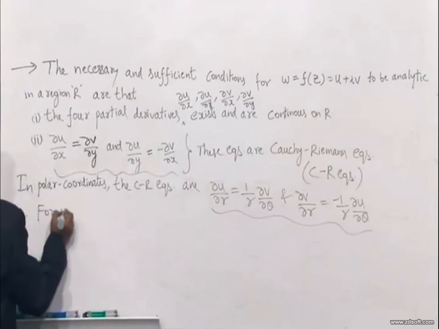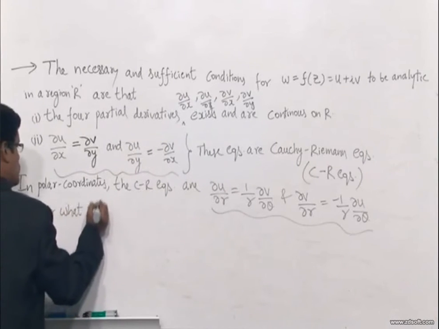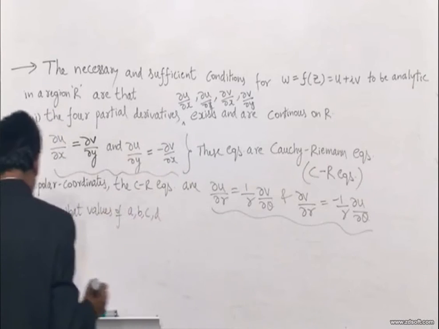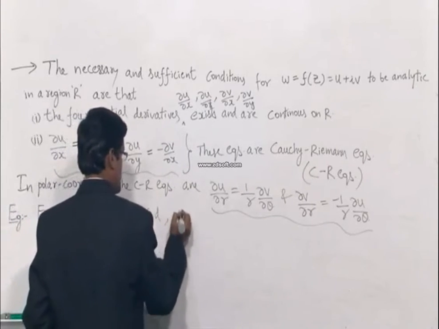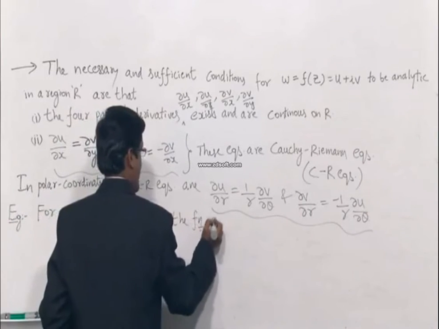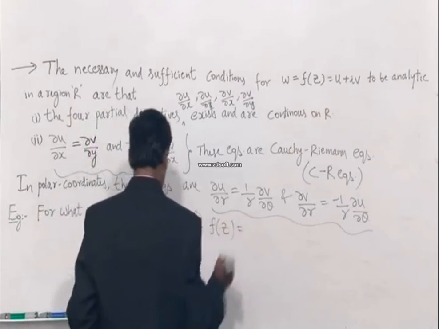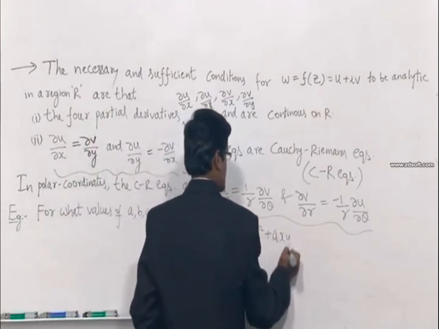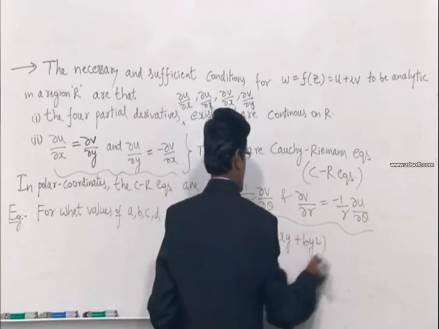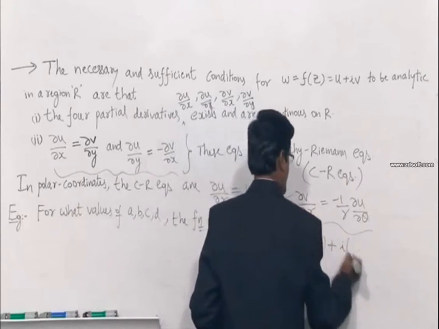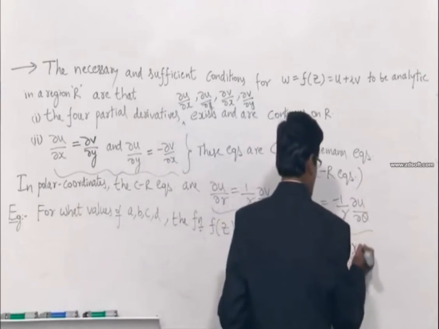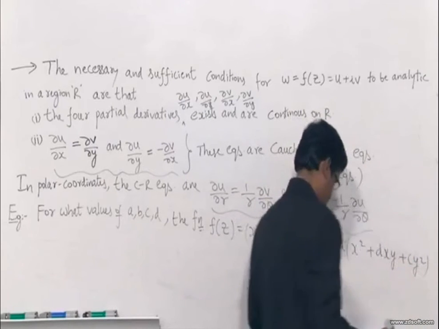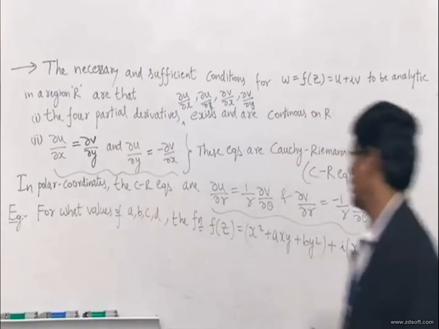For what values of a, b, c, d, four things you are going to find, the function f of z is equal to x square plus axy plus by square plus i times x square plus dxy plus cy square is analytic.